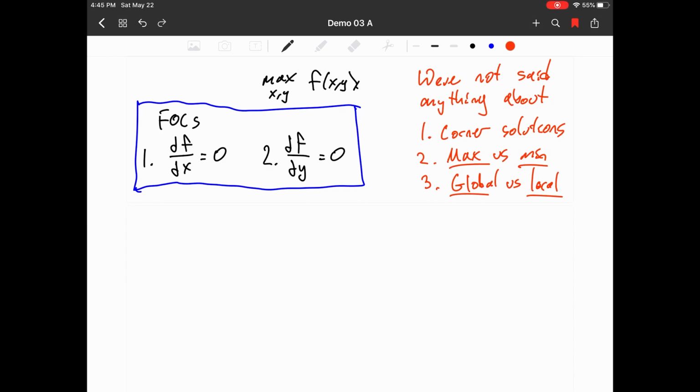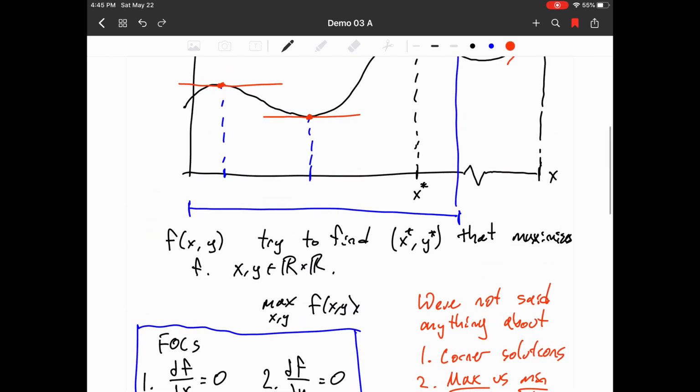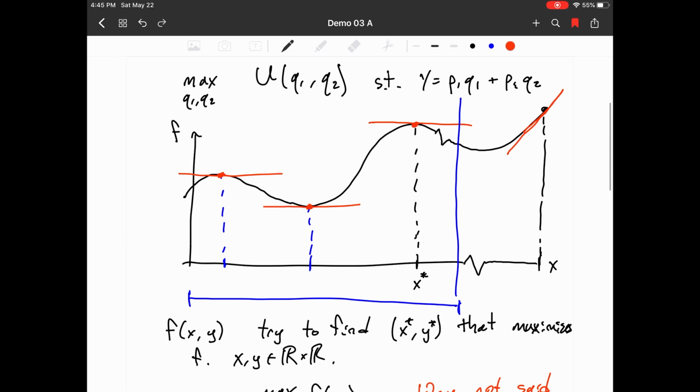Okay, so this is the setup for what we're going to do next. f is some function we've tried to maximize over. But the next set of steps is actually to take our economics problem, this maximizing over Q1 and Q2, subject to some budget constraint, and translate that into a problem we can apply our first order conditions to.